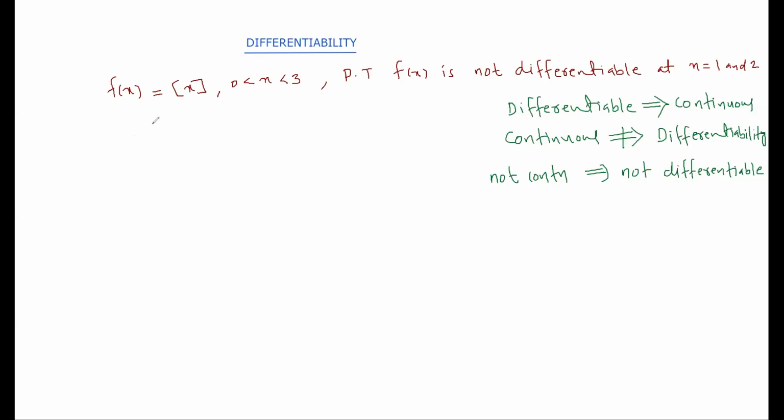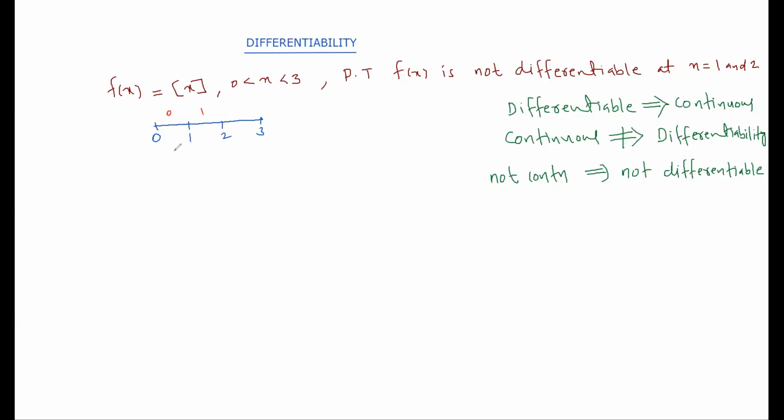Look, for example, 0, 1, 2, just to understand I am writing this, 3. So the greatest integer function between 0 and 1, the value of f of x, the greatest integer less than or equal to x, will always be 0. Between 1 and 2, the value of the greatest integer function will always be 1, because for any real number between 1 and 2, the greatest integer less than or equal to that number is 1.